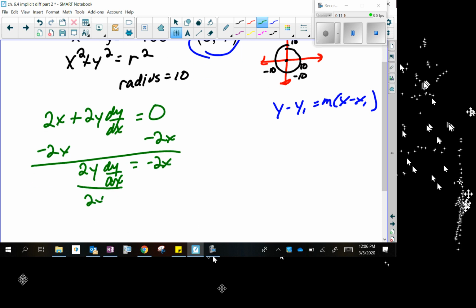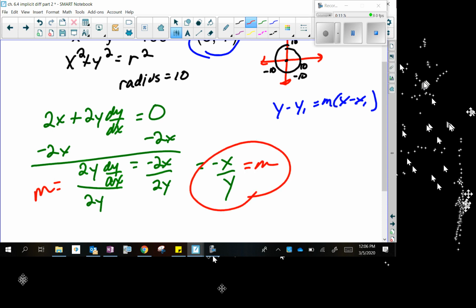Divide by 2y. So dy dx, which represents slope, is negative x over y. So our equation for slope is negative x over y.